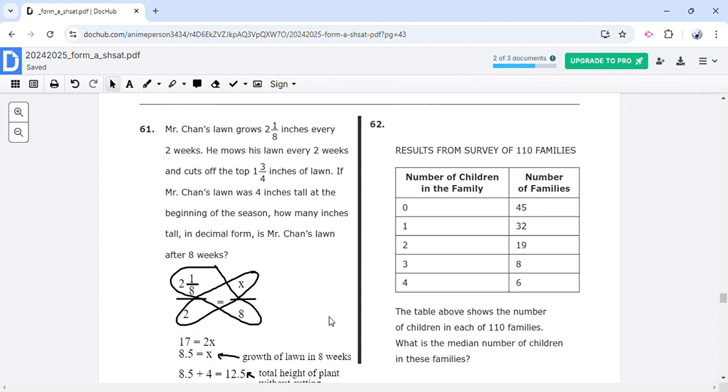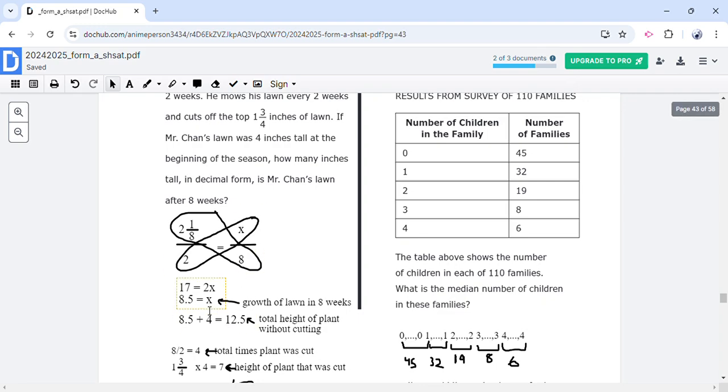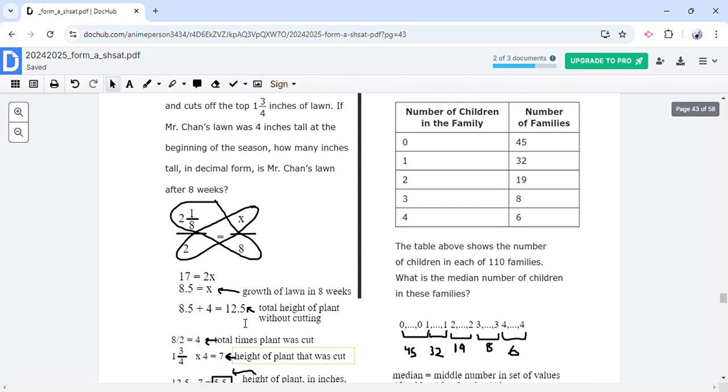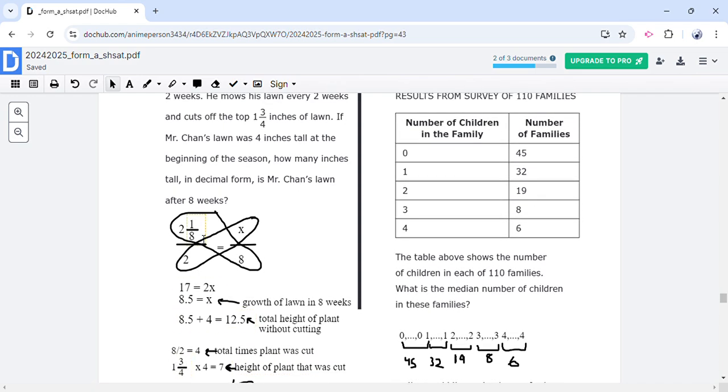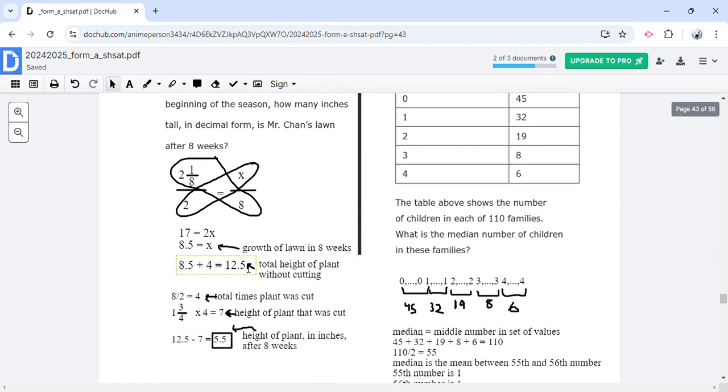That's how much the lawn grows. And since the lawn was already 4 inches at the beginning, then you can add 4 to 8.5 to give you 12.5, which is the total height of the lawn without cutting. And it says that the lawn is cut every 2 weeks. So in 8 weeks, that means that the lawn was cut 4 times. And if you multiply 1 3/4 times 4, that gives you 7.